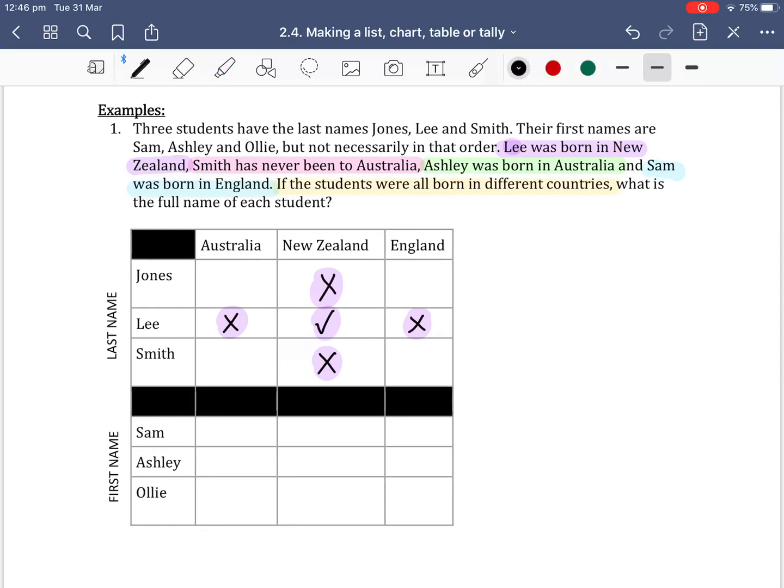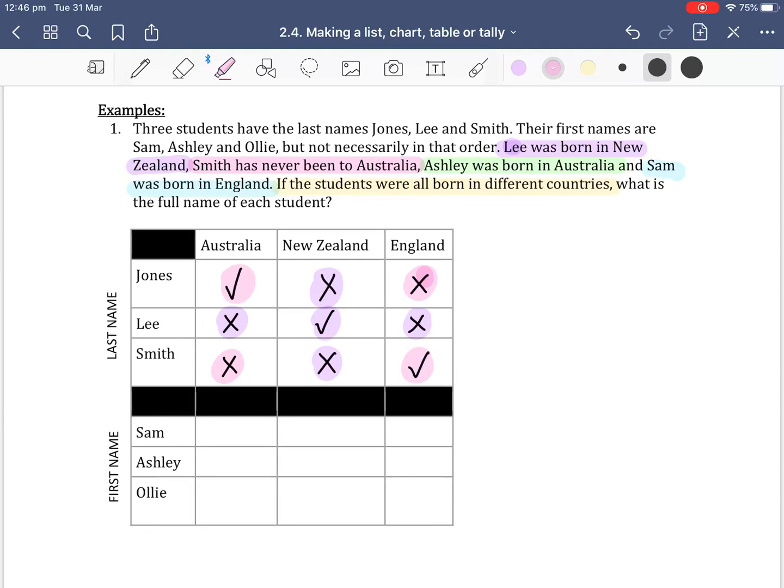Next, we have that Smith has never been to Australia. So if Smith has never been to Australia, we cross that out there. As you can see, as we cross that out, it leaves that Smith must be born in England. So if Smith must be born in England, that means Jones cannot be born in England. And that leaves Jones to be born in Australia.